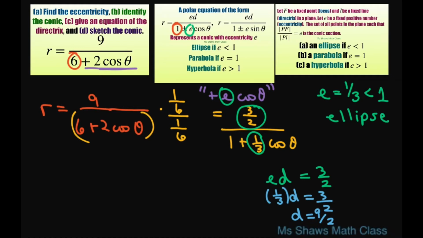Okay, since d is 9/2 and we have this in our denominator, the directrix is to the right of the focus at the origin. Therefore, our equation of the directrix is x equals 9/2.